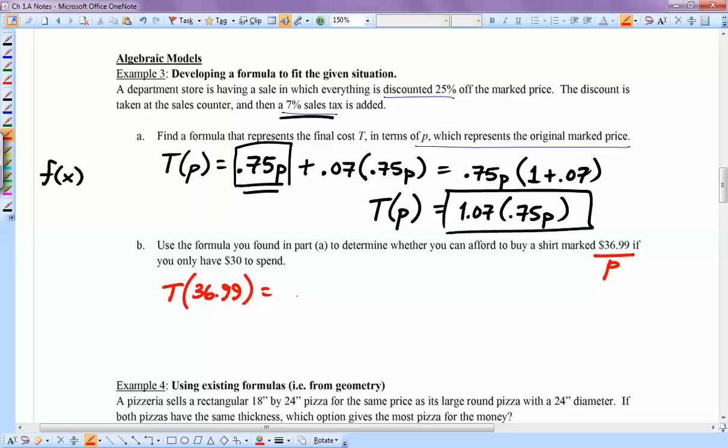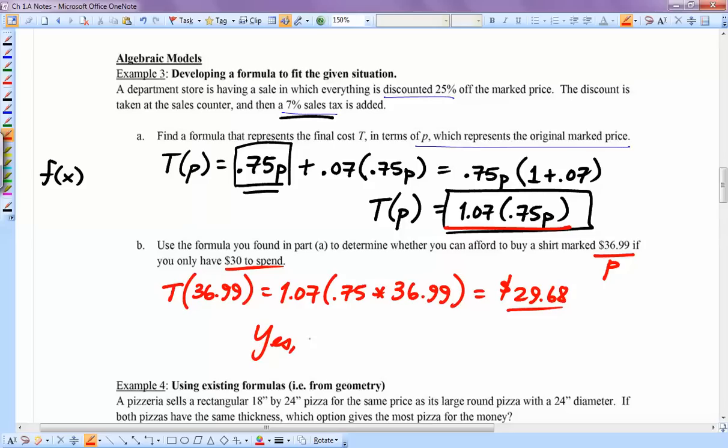I'll use this simplified formula here, 1.07 times 0.75 times 36.99. If you work that out, you get $29.68. Since you have $30 to spend and it's only $29.68, then yes, you can afford it.